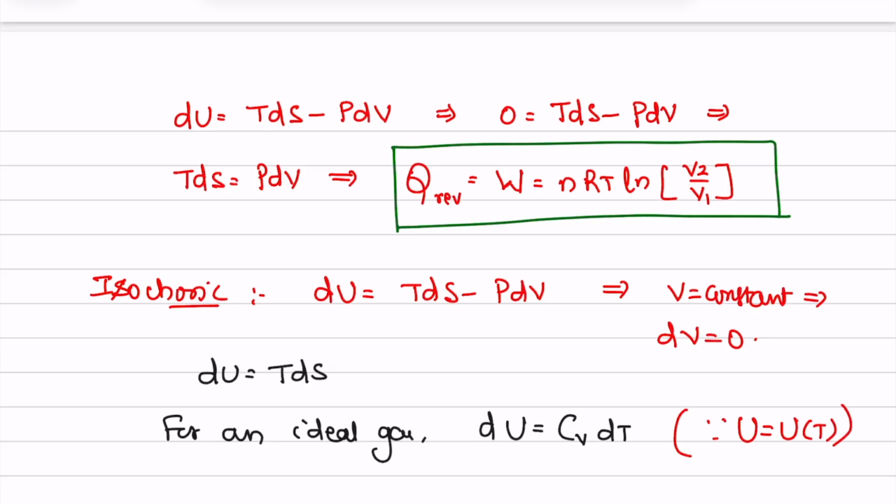Internal energy is a function of temperature. This is very important: Cv is the specific heat at constant volume, the molar heat capacity.